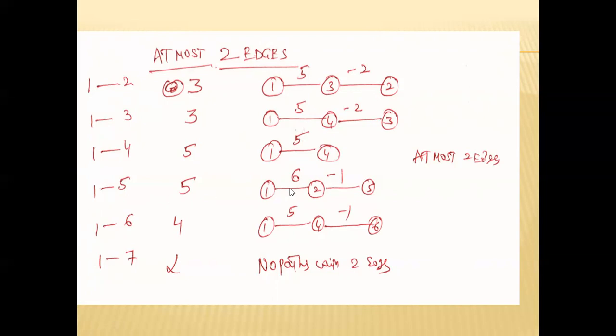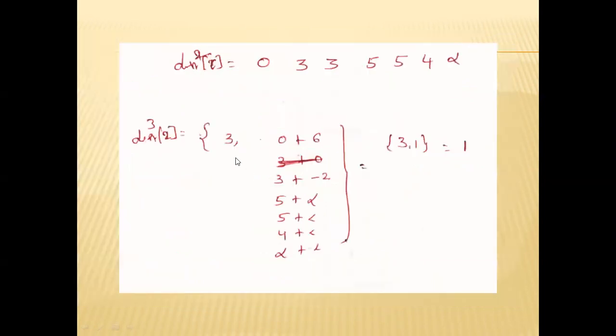Next 1 to 5, next 1 to 6, next 1 to 7. There is no path existing from 1 to 7 by using 2 edges. So we are calculating distance square.